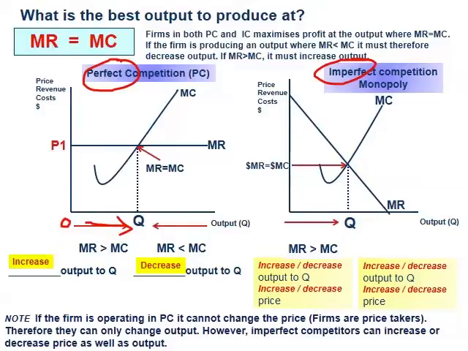So unlike the perfect competitor who can't control a price, he can't change it, imperfect competition, sellers have either weak or strong control over price, or in the case of monopoly, they are price makers, so they simply will decrease their price in order to increase sales. And of course, if marginal cost is above marginal revenue, they will decrease output or increase price.